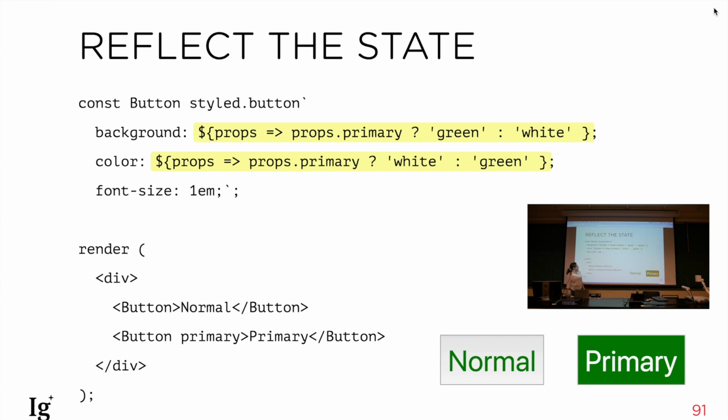This example shows that for a button which does not have primary as a property, it makes the background white and the text green. So as a result, you have this button. But for a button which has primary as a property, it makes it the other way around: the background green and the color white. And so you get this button. But for that, you write only this, button and button primary.